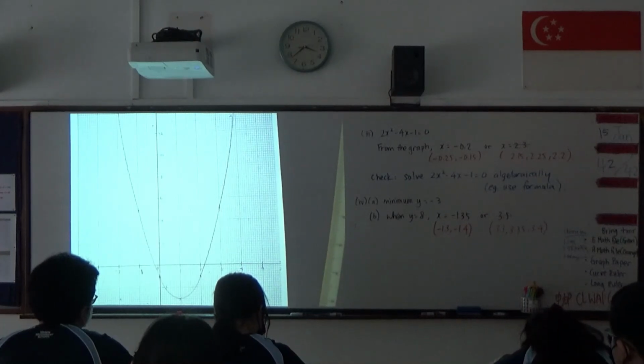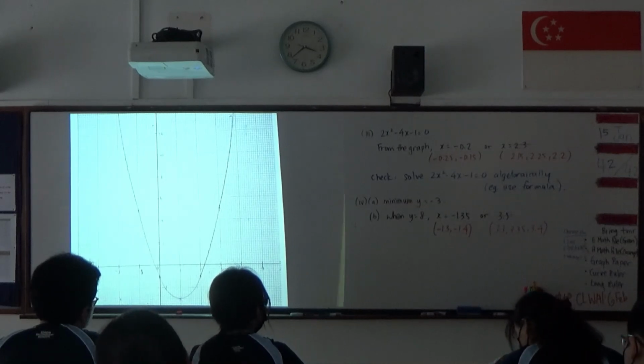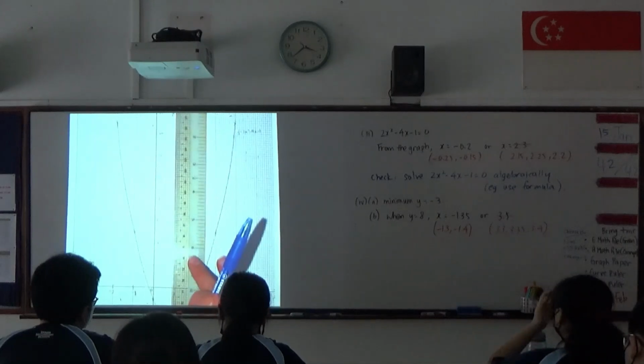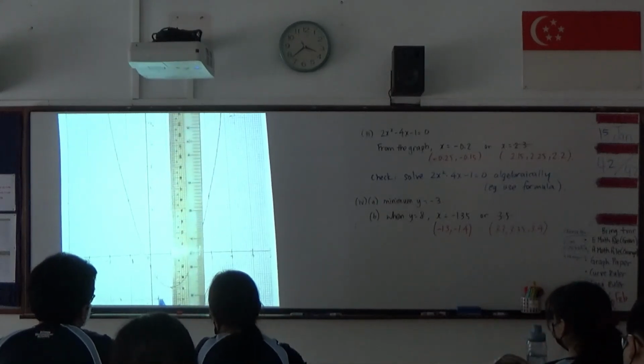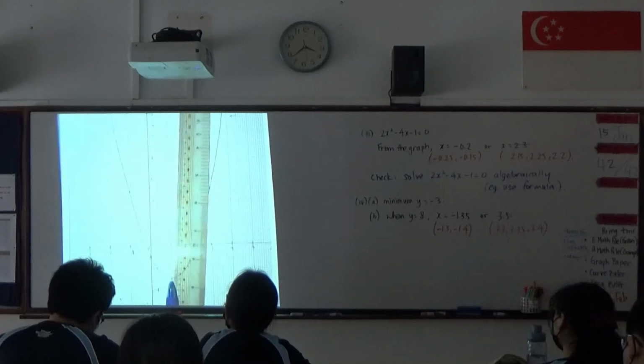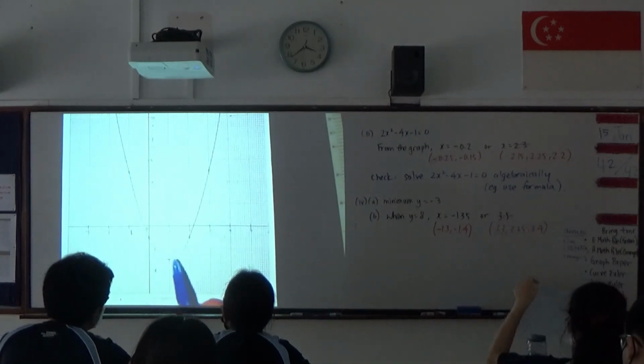Symmetrical about what? It's symmetrical about the line of symmetry. And the line of symmetry is a vertical line that is right in the center, passing through the turning point. So you must be able to identify where the turning point is first. The turning point in this case is the minimum point, the point that's at the lowest.